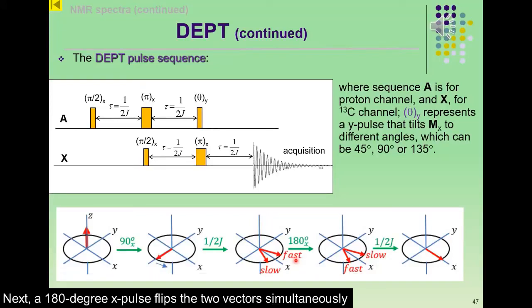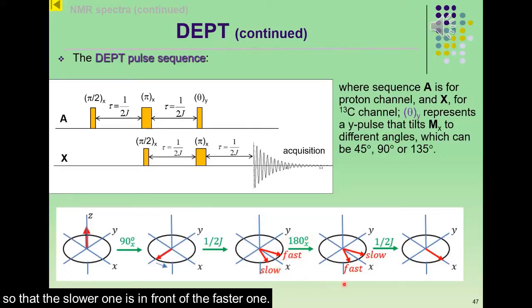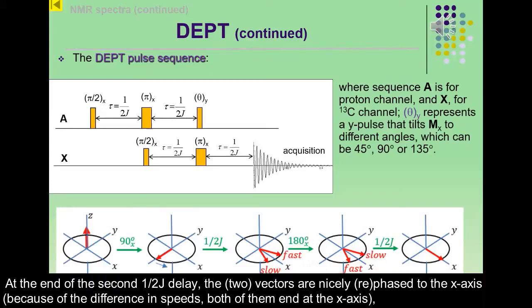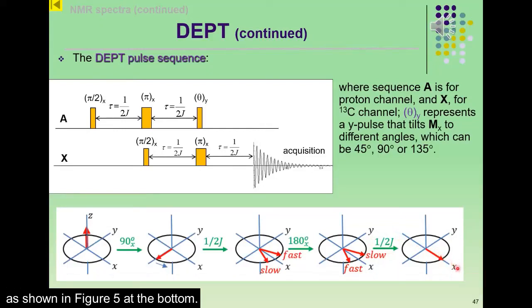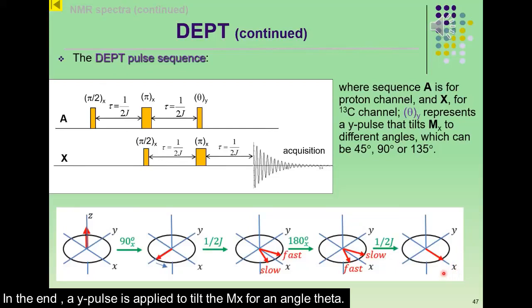Next, a 180-degree X pulse flips the two vectors simultaneously so that the slower one is in front of the faster one. At the end of the second 1/2J delay, the vectors are nicely faced to the X-axis, as shown in figure 5 at the bottom. In the end, a Y pulse is applied to tilt the MX for an angle theta.